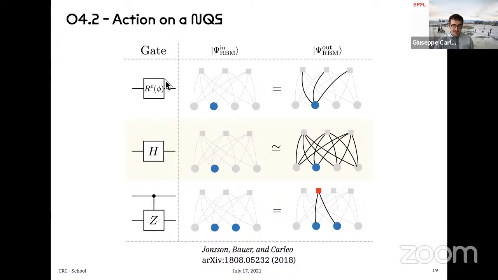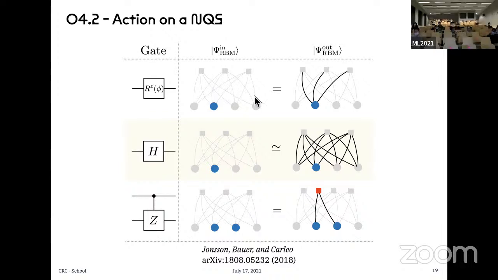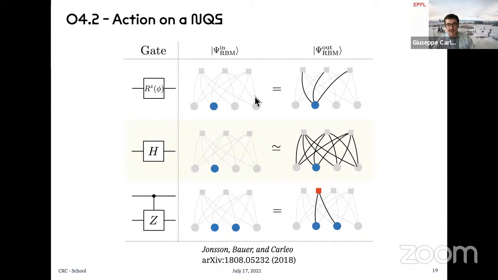So if you apply, for example, this rotation onto an RBM, again, just a feed-forward network with 1 layer, you get out the same state, the same neural network, the same structure, but with some of the weights changed, and you can determine analytically what changes. Okay. The same is true also for control Z rotations.